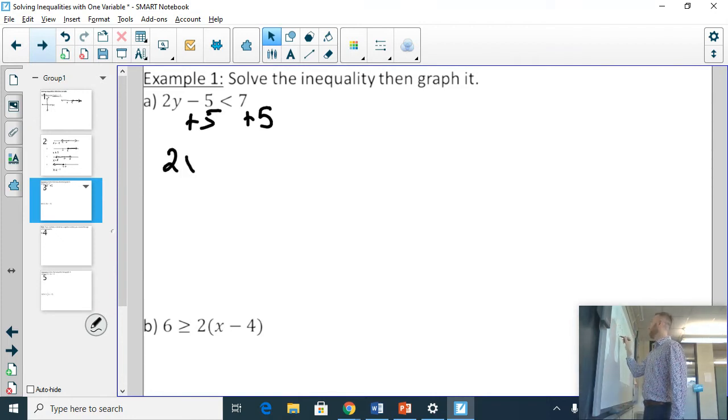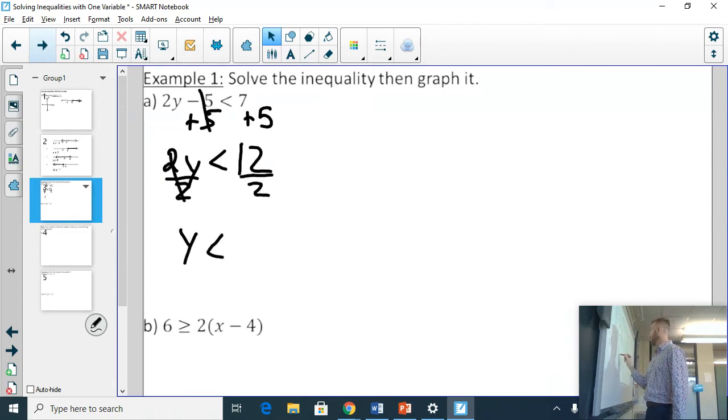So then I'm going to get 2y is less than 12, right? Because minus 5 and plus 5 cancel out. 7 plus 5 is 12. And then I'm going to divide both sides by 2. And that's going to leave me with y is less than 12 divided by 2, which is 6.